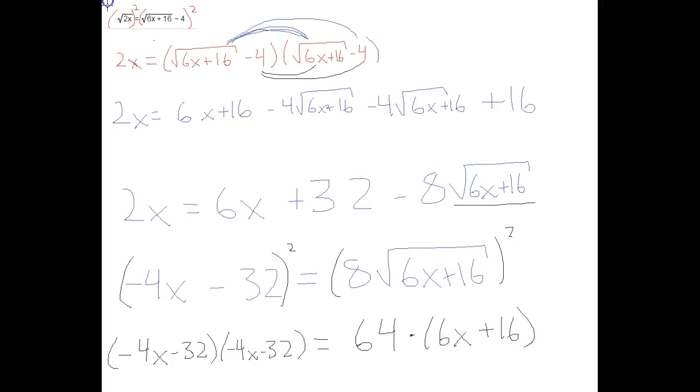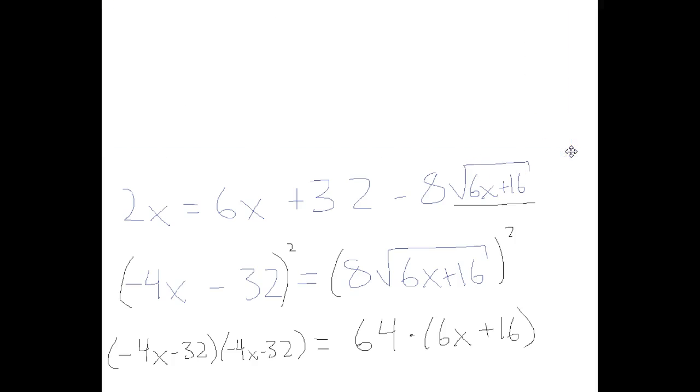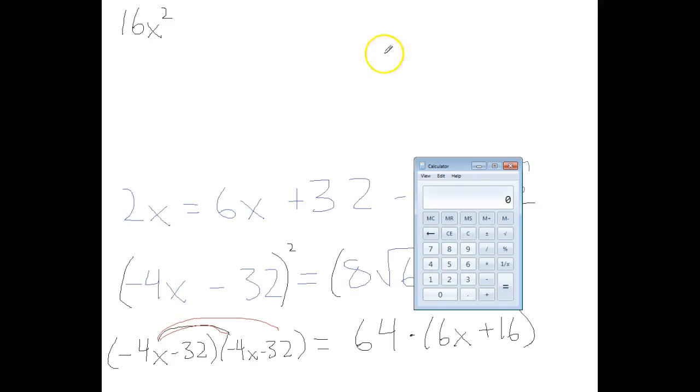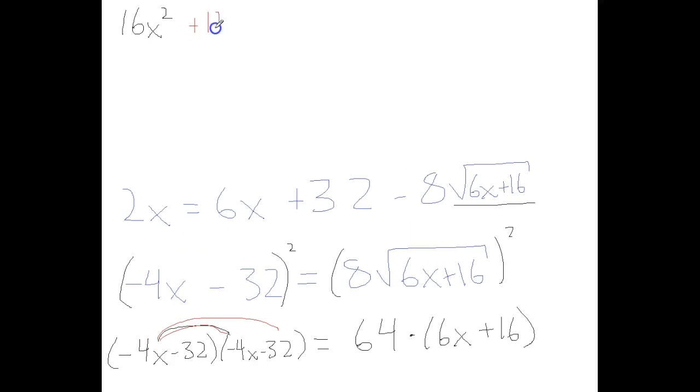Okay, and so I'm going to have to come up here, make a little bit more room. And so -4 times -4 would give us a +16x squared. And then -4 times -32. Let's just pull that up. 4 times 32 is 128. They're both negative, so we'll have a +128x.